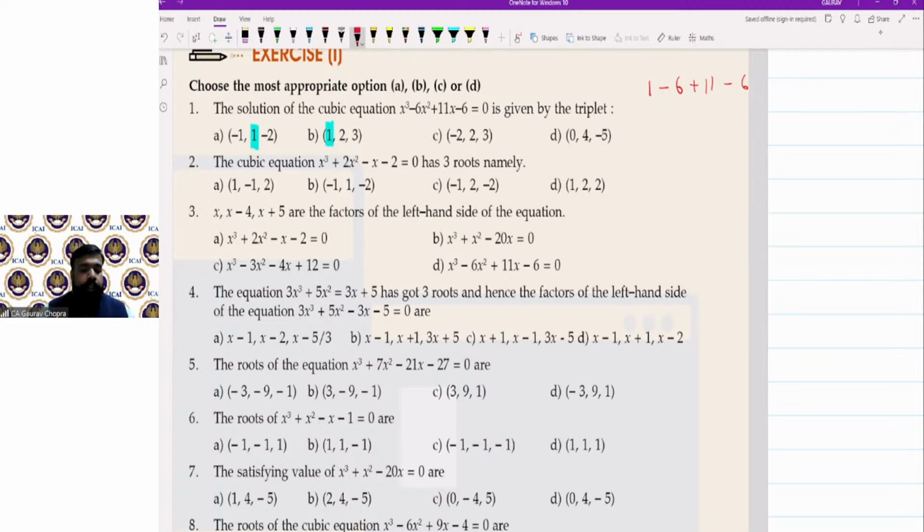So most of you are giving option number B. That is 1, 2, and then 3. So if you try to do using options, then you have to use the hit and trial method, and then you can solve it.